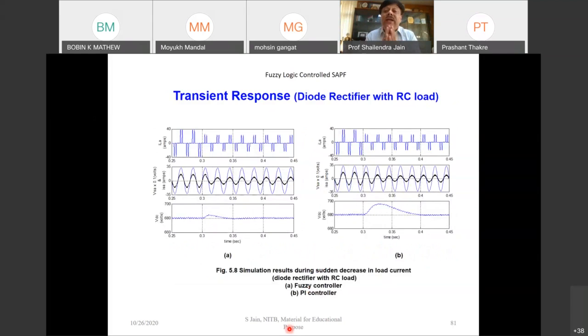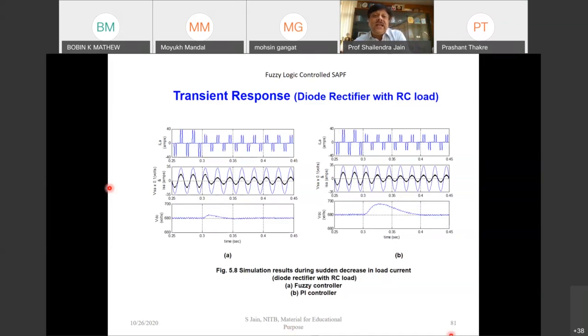we apply human intelligence for controlling power electronic converters with human thinking, an if-then-else rule kind of thing. So we will select the input, fuzzify them, apply the rule base, then finally find out the output, defuzzify to implement the control.